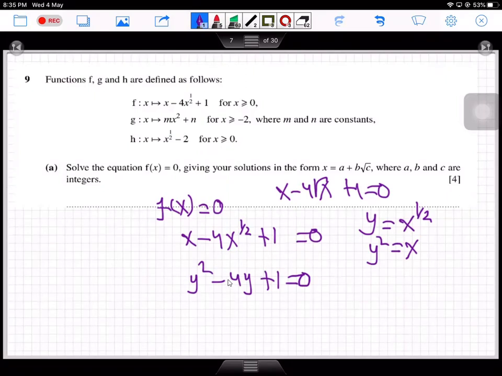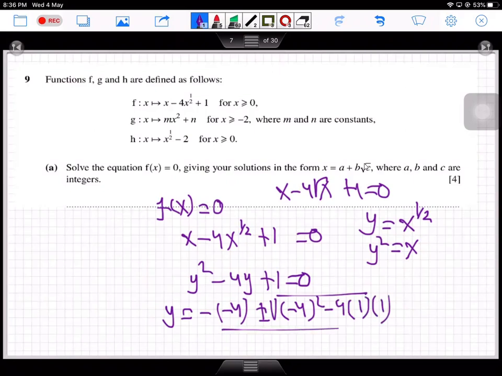And for that purpose, I'm just going to use the quadratic formula because factorization over here is not possible. And since the answer required is in surd form, obviously the factorization won't be possible. So y equals minus of minus 4 plus or minus the square root of minus 4 squared minus 4 times 1, divided by 2 times 1.